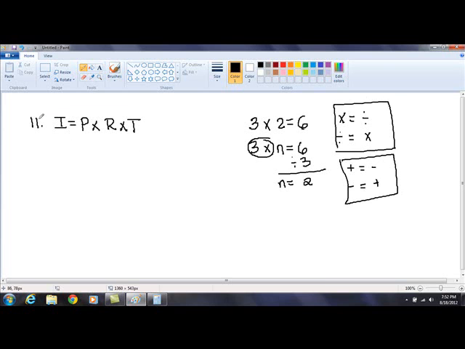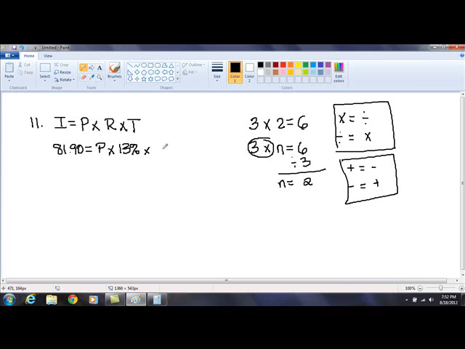Now we're going to start with our same formula, I equals P times R times T, and fill in the blanks of what we already know. I know my interest, so it's 81.90 equals my principal. I do not know, so I'm going to leave it as P. And then my rate, I know, that's 13%.